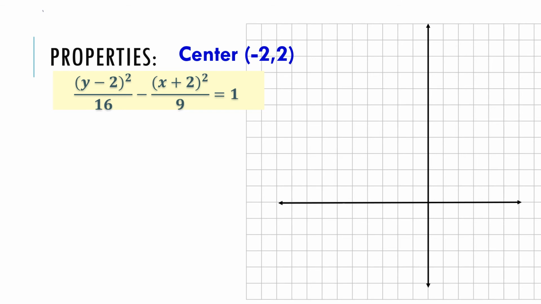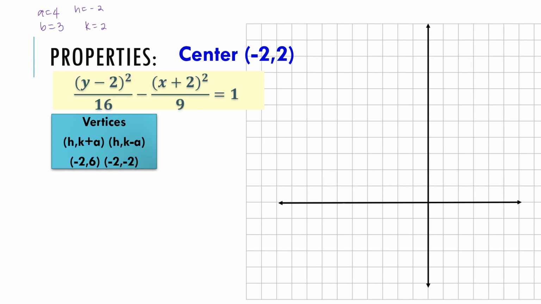ang given natin ay ganito, A equals 4, and B equals 3. Again, H equals negative 2, and K equals 2. Example, the vertices, again, H, this is negative 2. Our K is 2 plus 4. Kaya, 6. And then, negative 2. 2 minus 4.